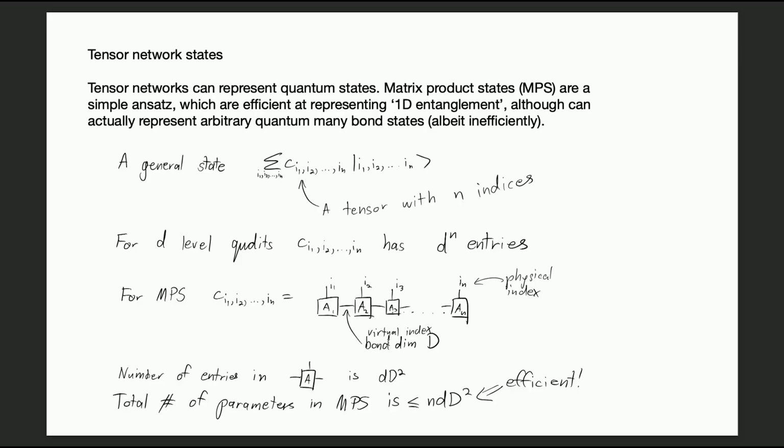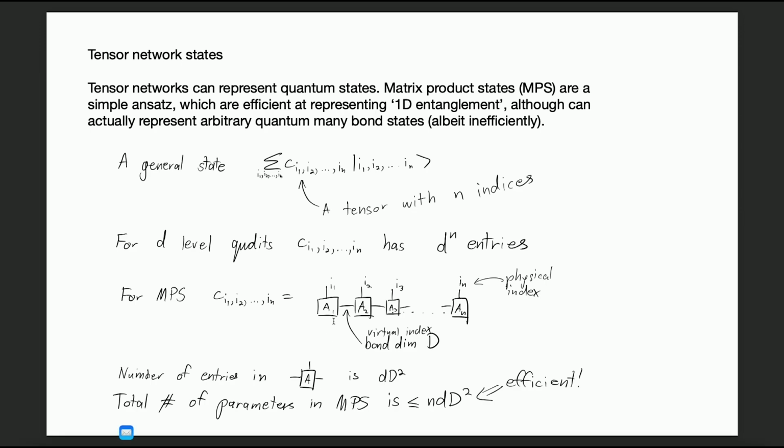So that's not necessarily an efficient representation of a quantum state. But usually when people talk about matrix product states, they think about constraining to the particular class of states where this bond dimension is fixed and independent of the system size. And in this case, we do have an efficient representation of the state.